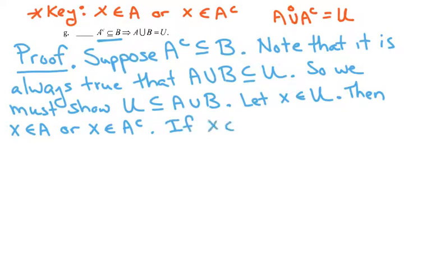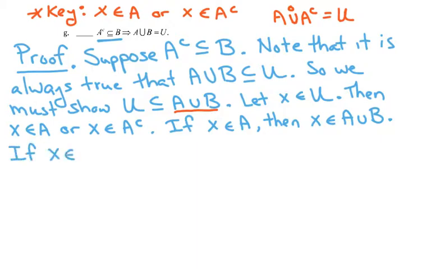So let's check them both out. If X is in A, then what do we know? What are we trying to show? That it's in here. So if it's in A, it's definitely in the union, A union B. Okay? What about if it's in A complement? Well, we have this condition. Now we're going to use it.